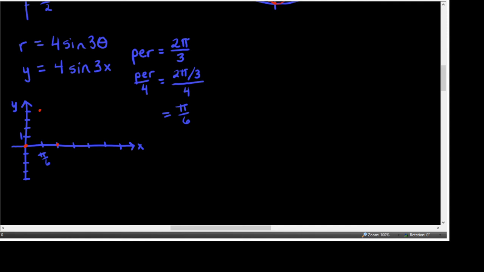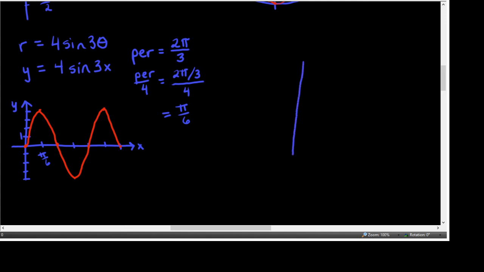Then a low value, -4, middle, high, middle, low, middle, high, middle, low, etc. Get enough of those going so that you can produce enough of the graph to get an idea of what's going on. You may not actually use all of these points. It's good to do a good cycle of the sinusoid, and a little bit more won't hurt. Not necessary all the time, but it can't hurt in this situation.